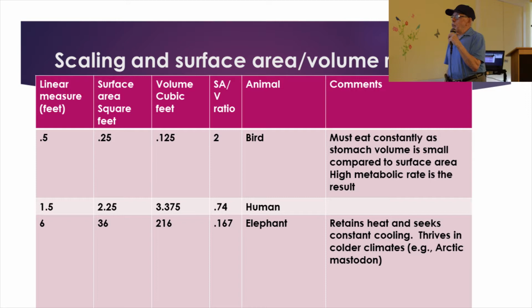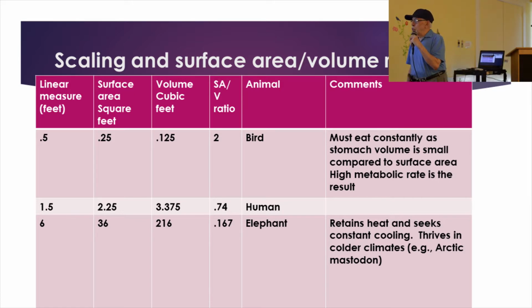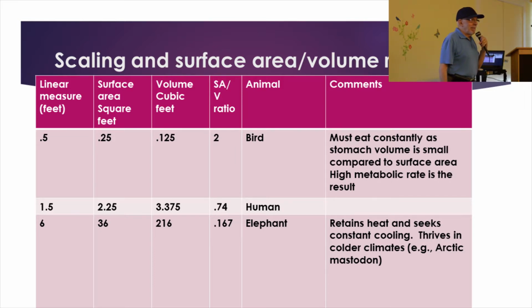The ratio, therefore, is very low, 0.167. So the elephant retains heat very well, does not respond to changes in the environment very well, and has to constantly think of cooling and thrives better in colder climates. Fascinating, huh?